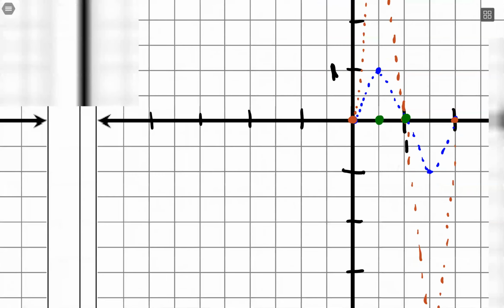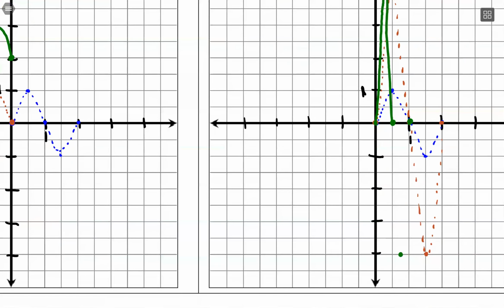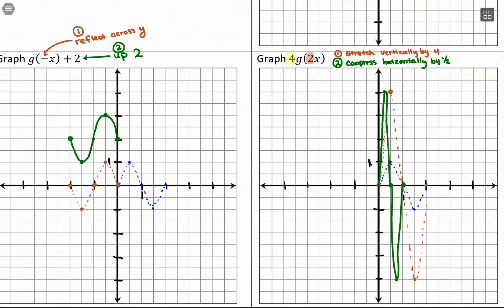So my function, oh boy, is going to be very squished in. It's so tall and so skinny. Okay, like that. So the vertical stretch made it very long, kind of away from the x-axis, but then we have this compression of a half where it squishes it towards the y-axis.